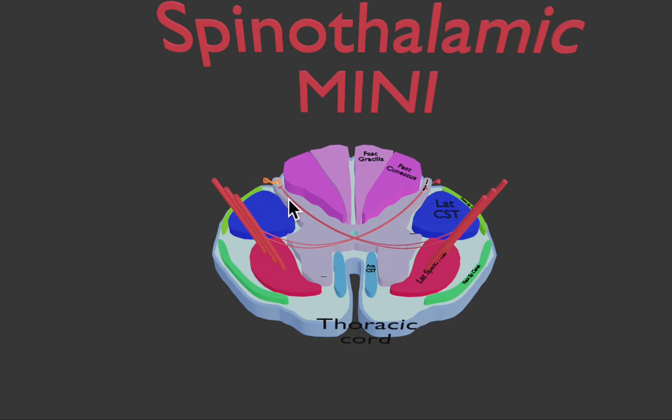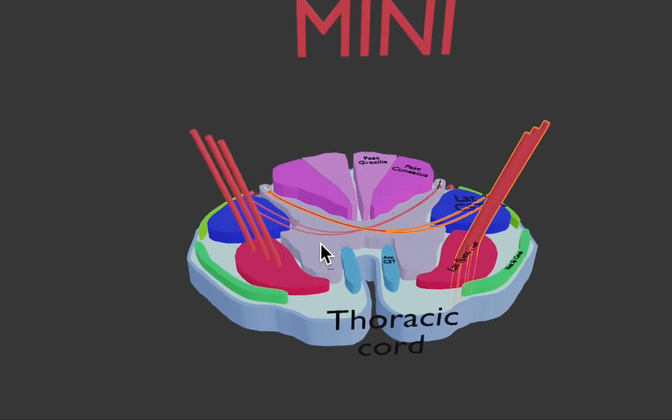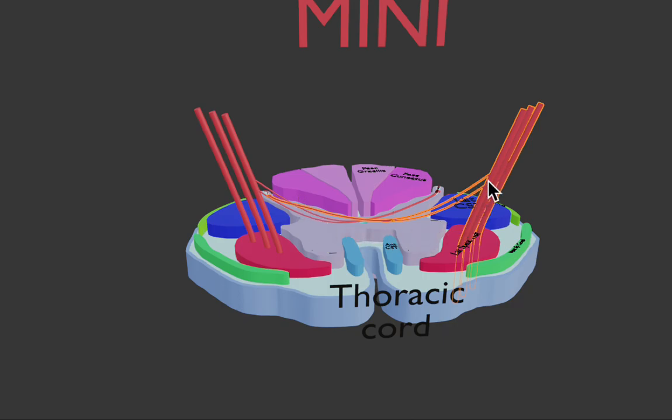One order finished. From the dorsal horn, you get a new set of neurons starting and forming the tract, ascending up. This is the second order neuron. The second order neurons will eventually terminate in the thalamus, from where the third order neuron will come, which we will see in a while.